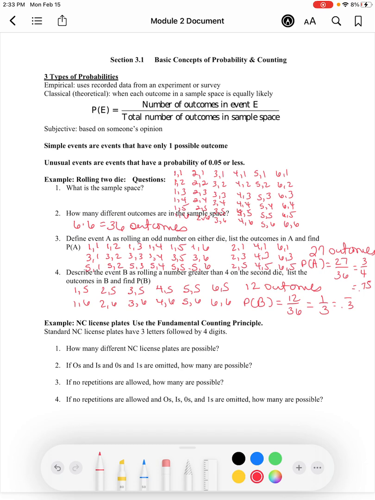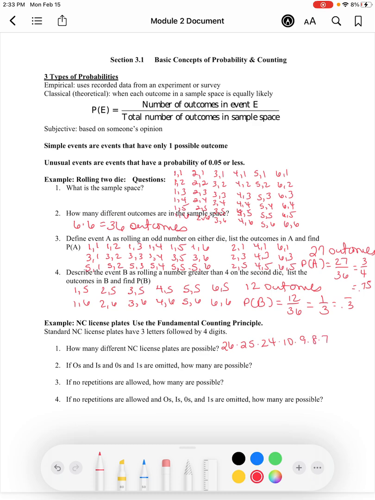The next one, North Carolina license plates, use the fundamental counting principle. So, how many different North Carolina license plates are possible? 3 letters. So we know there's 26 letters in the alphabet. So that would be 26 times 25 times 24 for my letters. And then 4 digits. So that would be times 10 times 9 times 8 times 7.